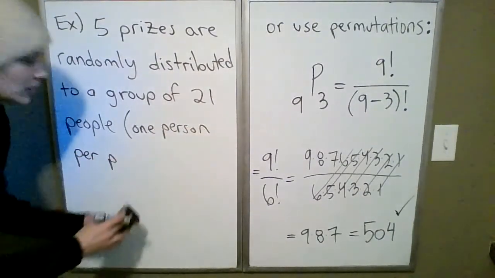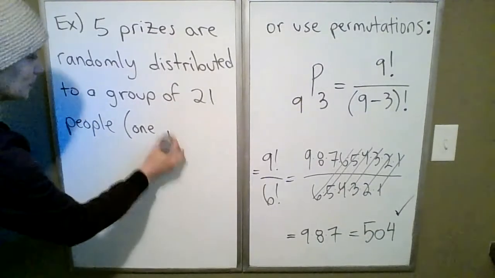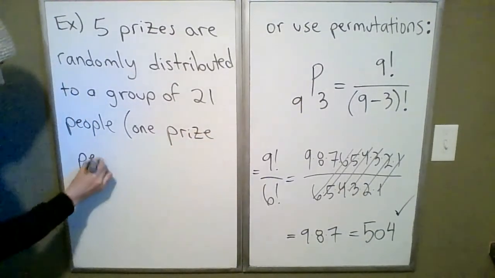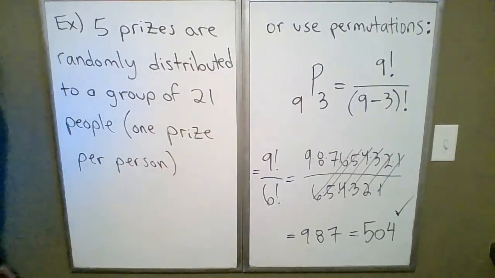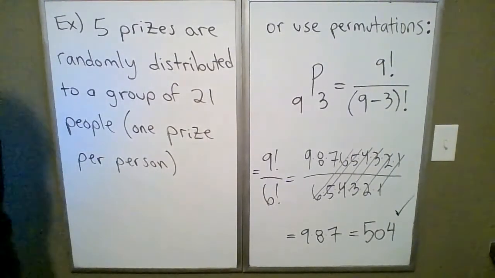Or maybe it's 1 prize per person, it's better. How many ways can the prizes be given out?